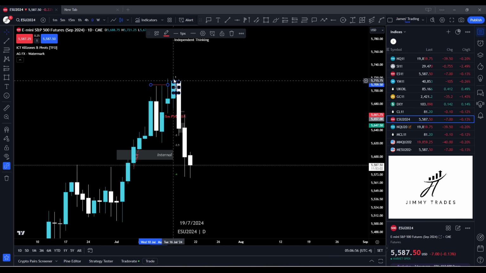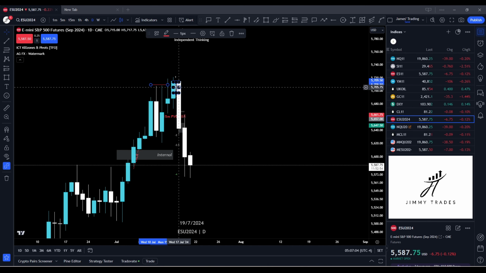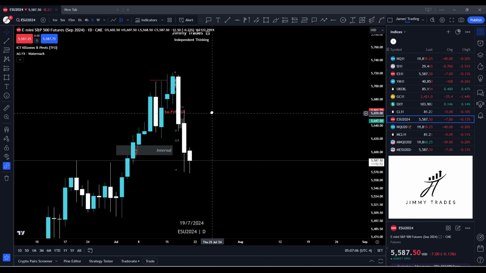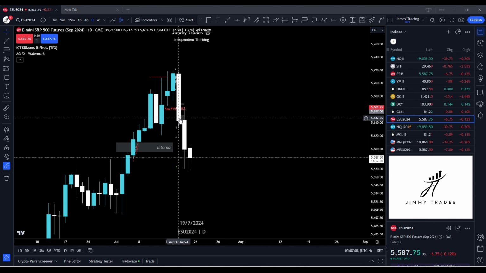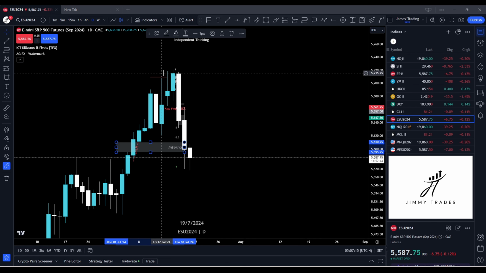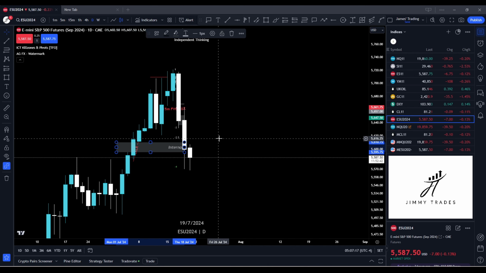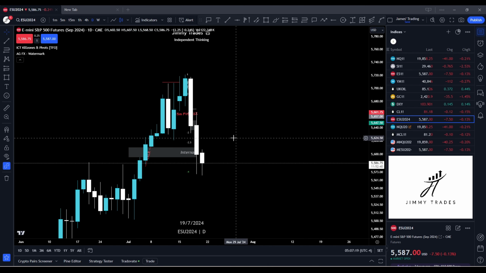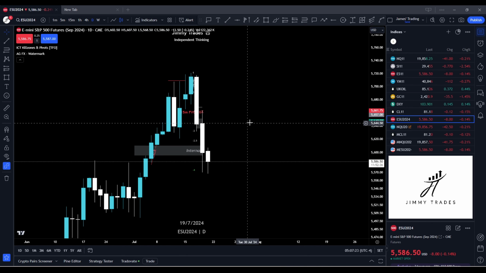Tuesday's candle had swept Monday's high, was unable to close above, and closed below Monday's high. Then we had a rapid sell-off on Wednesday. So my idea was that we were reaching for external to internal, which is why my bias was bearish.